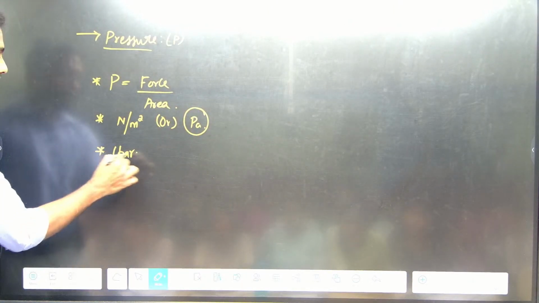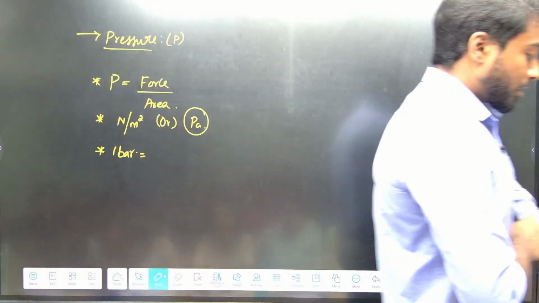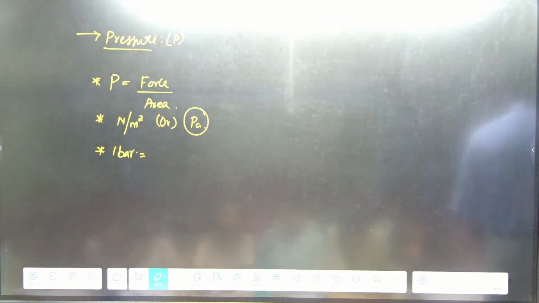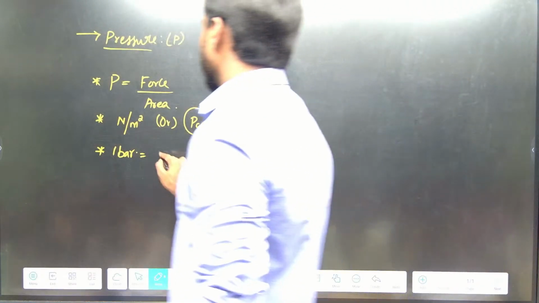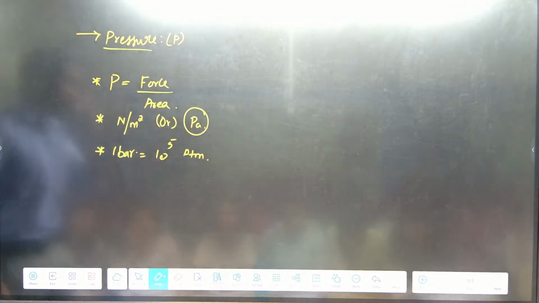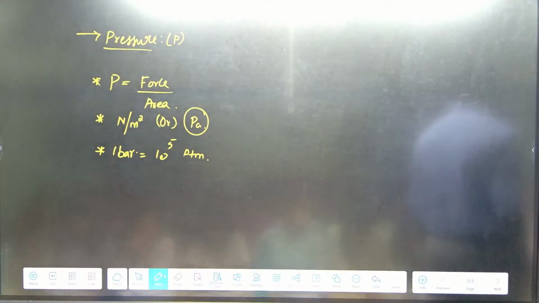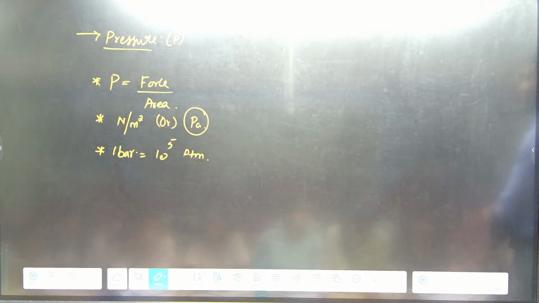So 1 bar is equal to 10 power 5 Pascal, which is about one atmospheric pressure. Okay.